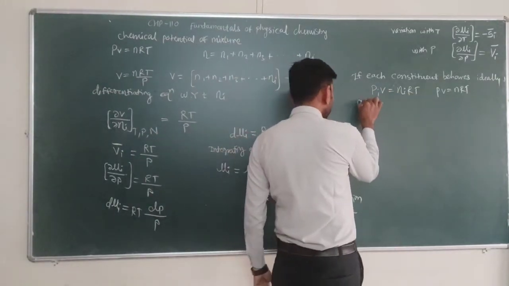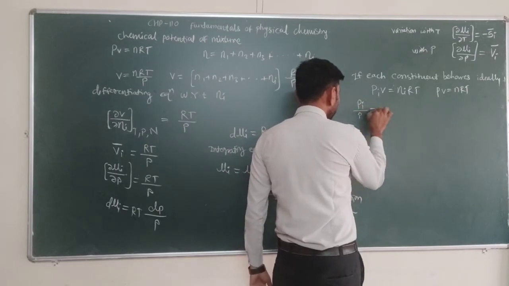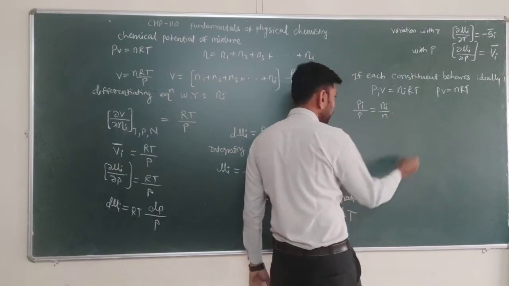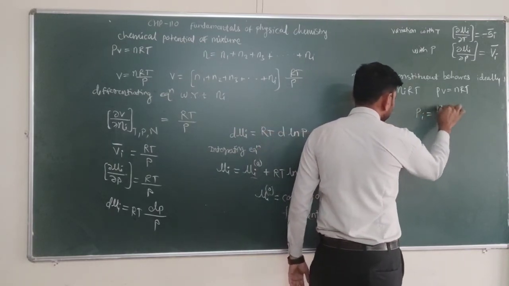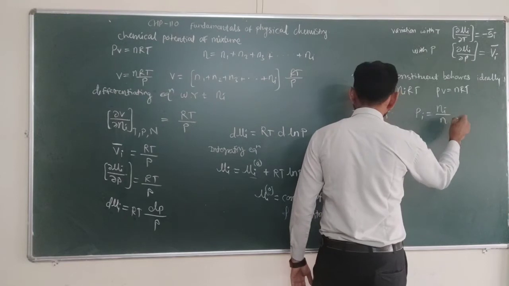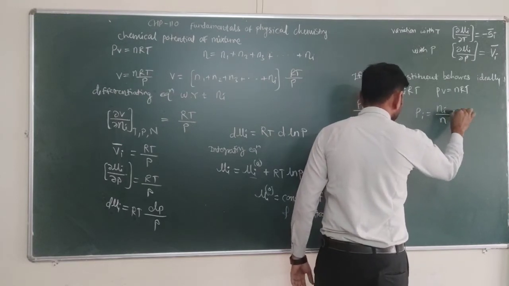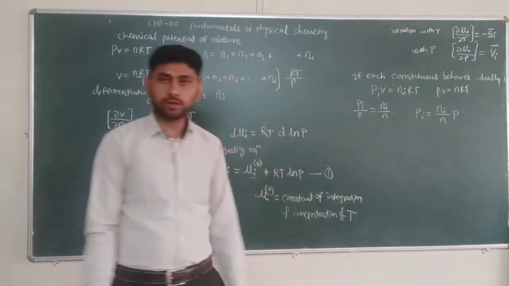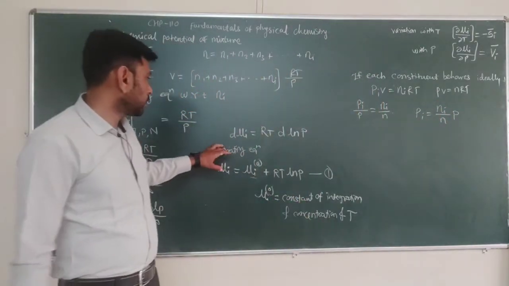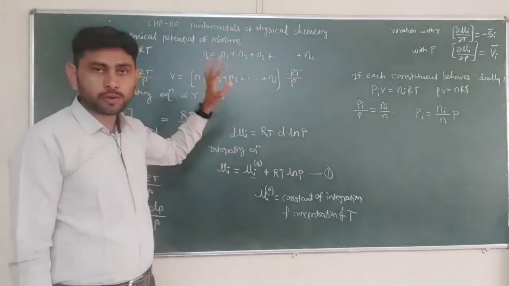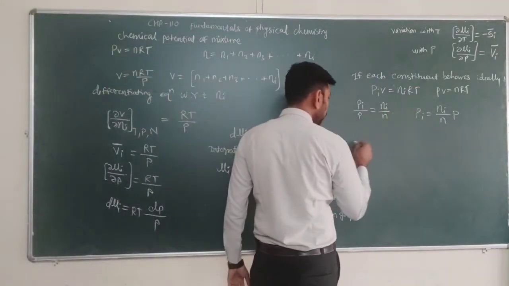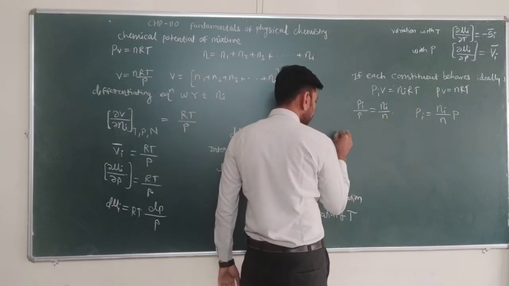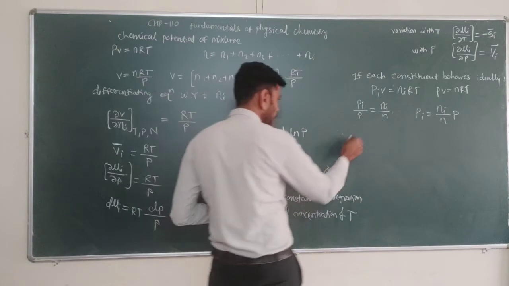From this we can write Pi upon P equal to Ni upon N, and for Pi we can write Ni upon N into P. So if the concentration of the mixture is kept the same, or the number of moles is kept constant, then we can write Pi equal to P.